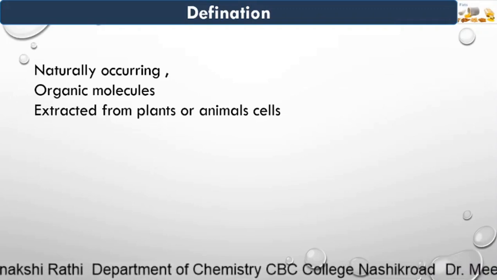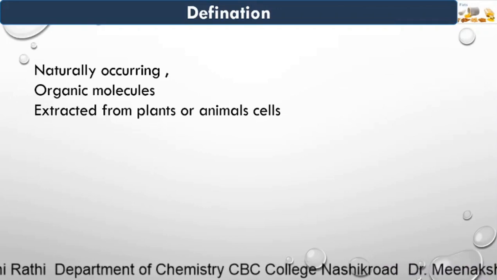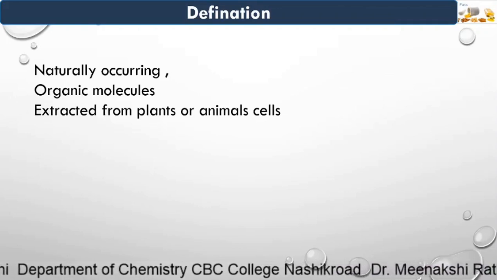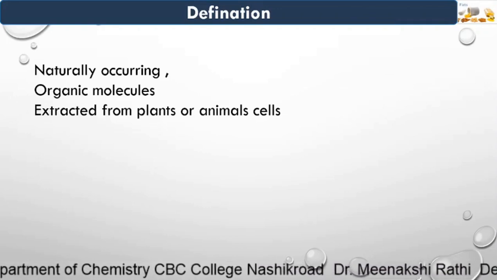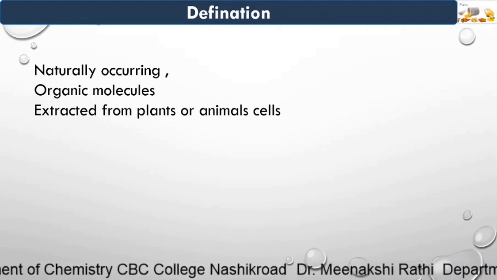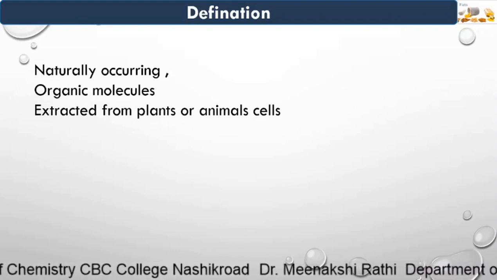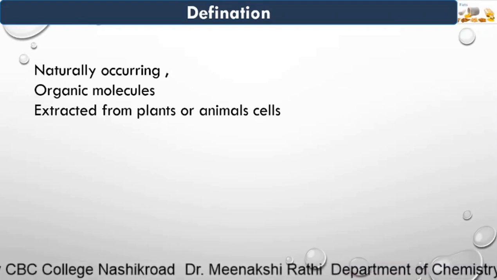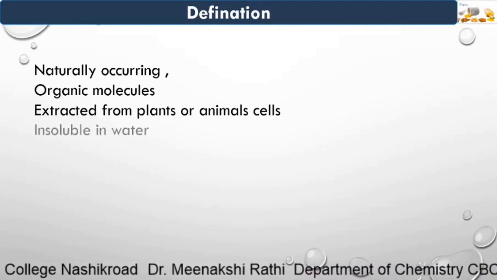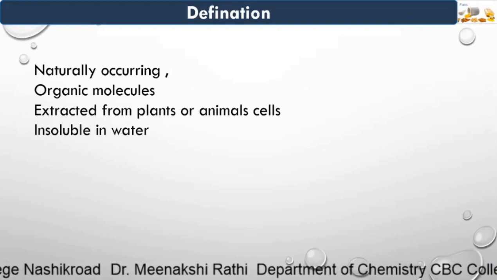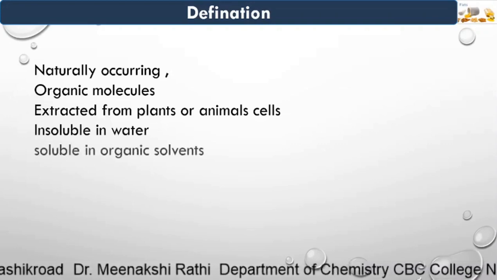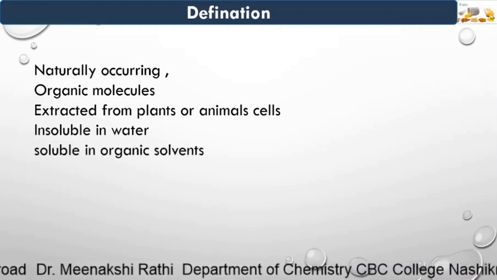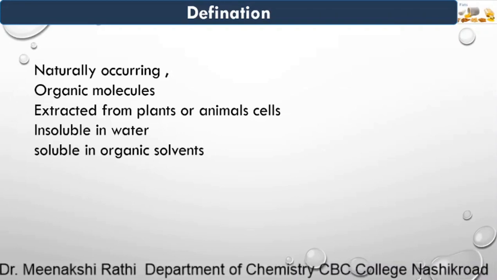Oil we get from plants and butter or ghee we get from animals. Both are lipids. So, lipids are naturally occurring organic molecules extracted from plants or animals which are relatively insoluble in water, but highly soluble in some organic solvents like alcohol, ether, etc.